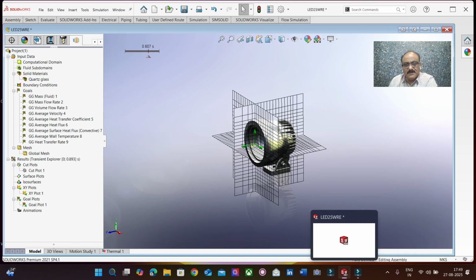This particular simulation can take some time because it's a time domain based system, that is a transient system. In the time domain there are a lot of equations that it needs to calculate because it's a fluid dynamic process.